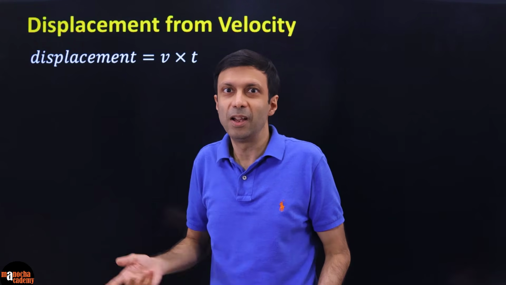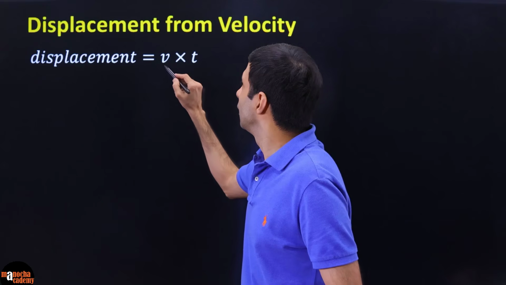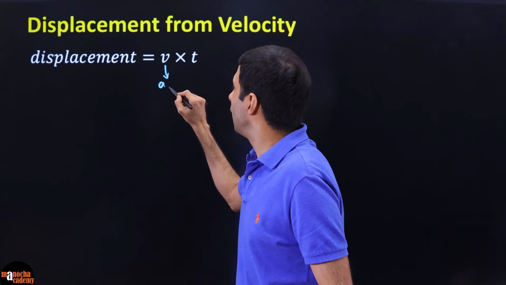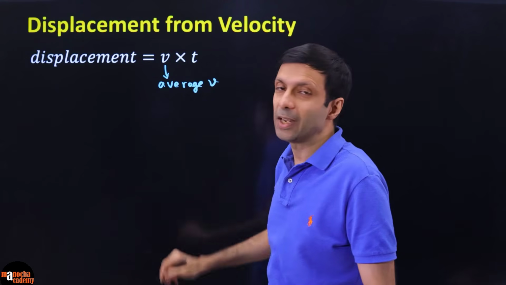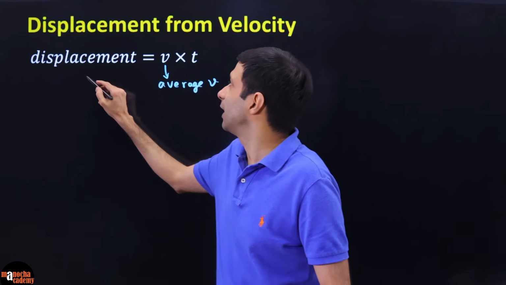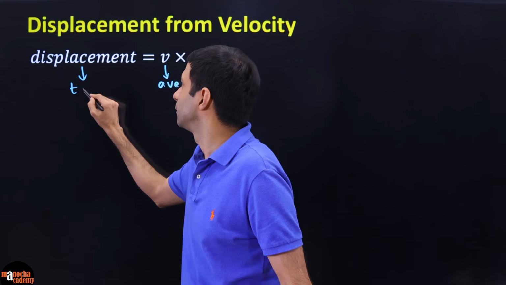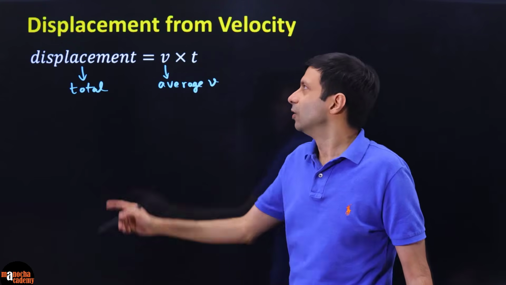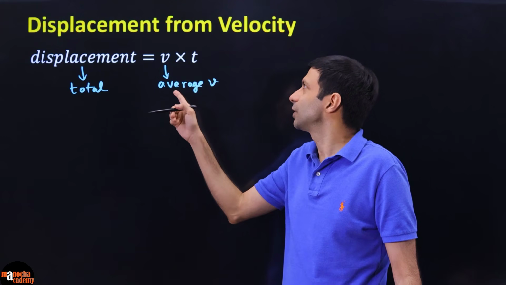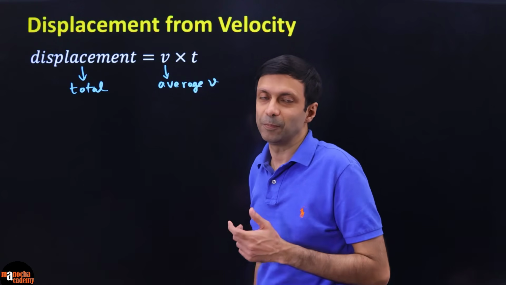So simple. But this equation is representing your average velocity. So if you know your average velocity, you multiply it by the time, you will get the total displacement in that time interval. Right? So total displacement is average velocity multiplied by time.